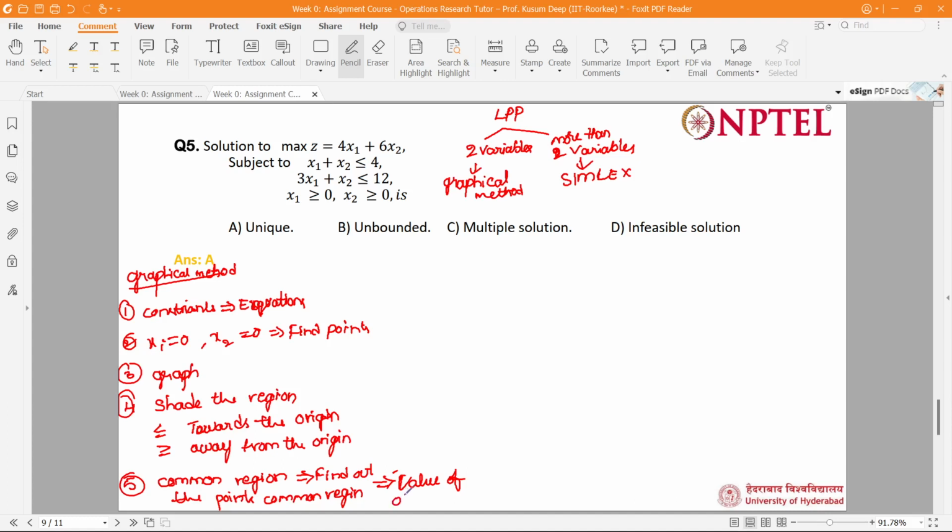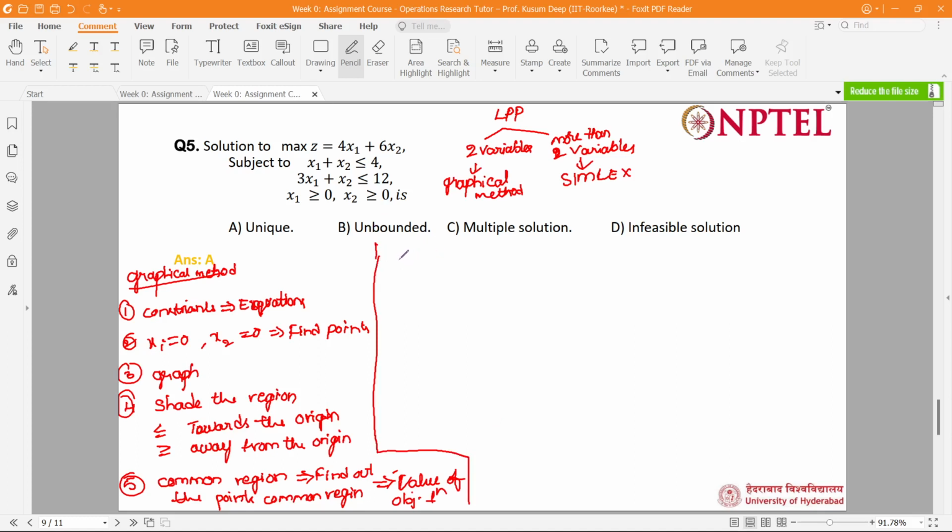Now, by using this procedure, you can see how to solve the given problem.